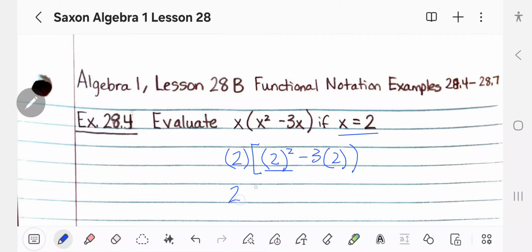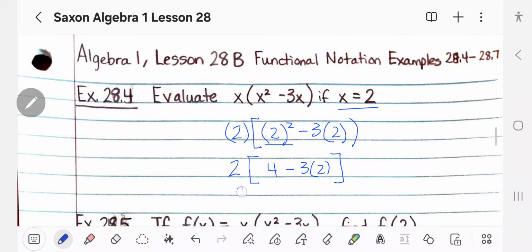So we would go inside there, do that multiplication, and then here we can do this, and we get the answer -4. So this means that if x is equal to 2, the value of the expression is -4.